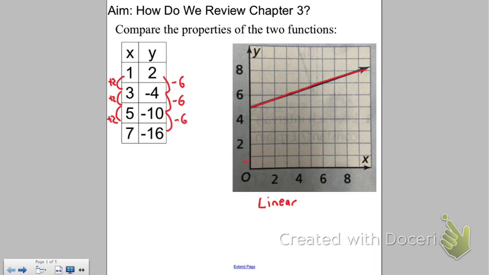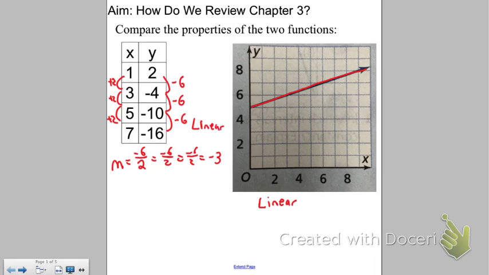Negative 10 to negative 16 also decreases by 6. So my slopes are all the same. Negative 6 over 2, negative 6 over 2, negative 6 over 2, all equal negative 3. So the table is also linear.